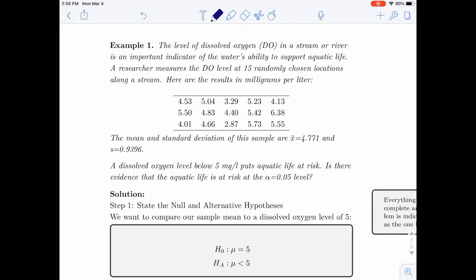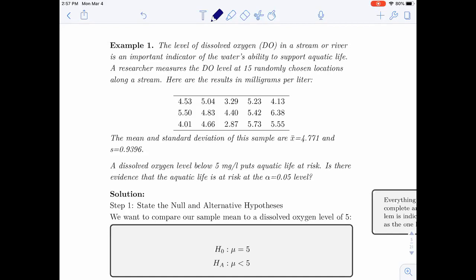So we've got these 15 randomly chosen locations, so we have a sample size of 15. And we found these measurements. And then we calculated the mean and the standard deviation of these measurements. Fair enough. So that's our sample information.